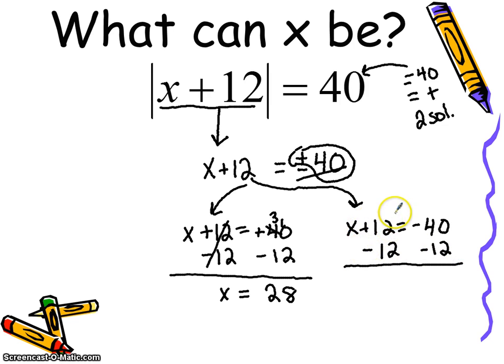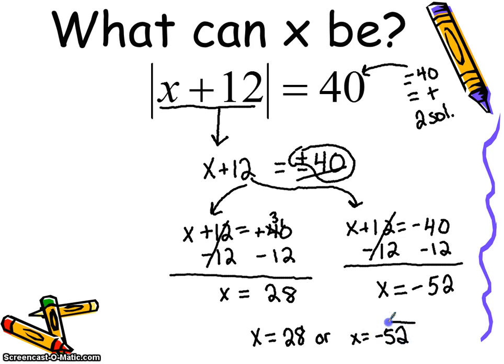Positive 12 minus 12 makes 0, so I get x plus 0, or just x, equals negative 40 minus 12. If I owe 40 and I owe 12, I owe even more, so I owe 52. So x is equal to 28, or x is equal to negative 52. These are the two values of the variable that will make the equation true. Notice I put or there because it has to be one or the other, not both at the same time.